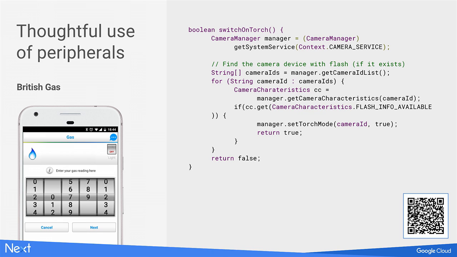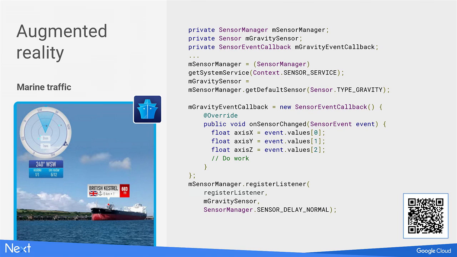You could also be a little bit more ambitious with something like augmented reality. So here's an example from the marine industry, helping mariners add important information about local shipping.